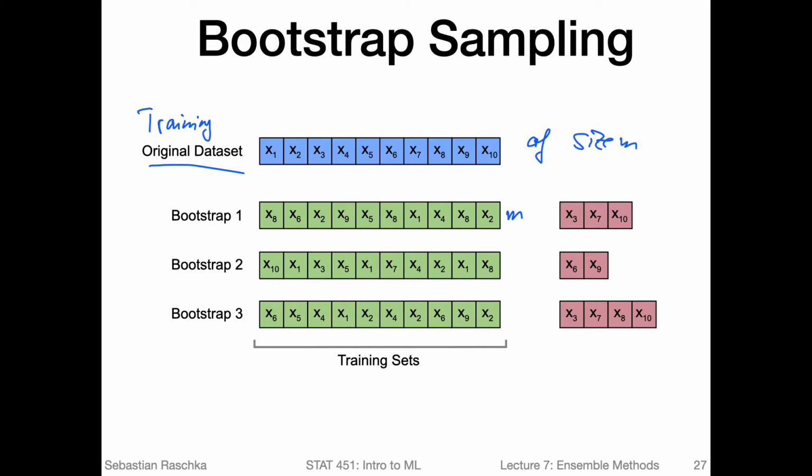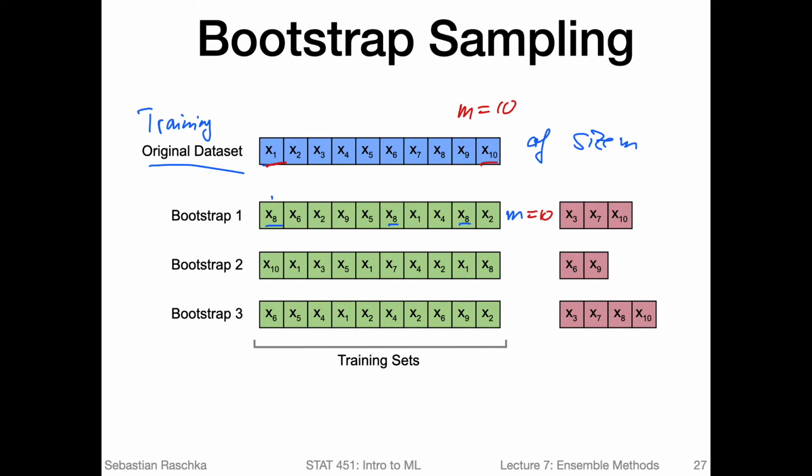Here I enumerated the data points from 1 to 10. So m is 10 here, and it will also be 10 here. But because it's sampling with replacement, some records will be duplicated in the bootstrap dataset. For example, in this case, I have 8 here and 8 duplicated here and here.